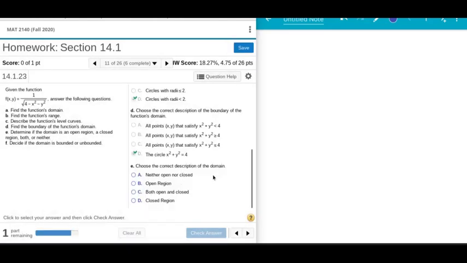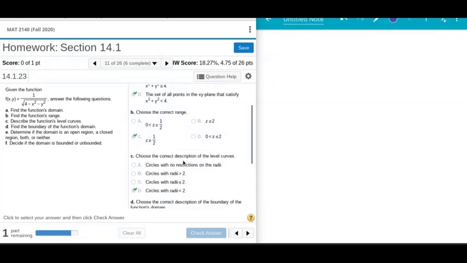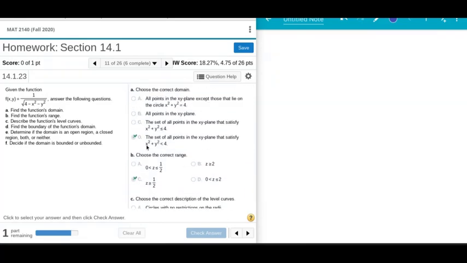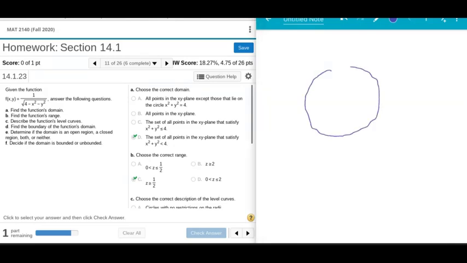Then the description of the domain: is it open or closed or neither or both? If we go back up here to what our domain looked like, it is pretty much what we looked at on the graph with the level curves. It's a circle with radius less than 2. However, it's not equal to 2. Notice we didn't conclude that there was an equal bar because, remember the denominator part, it couldn't be 0.